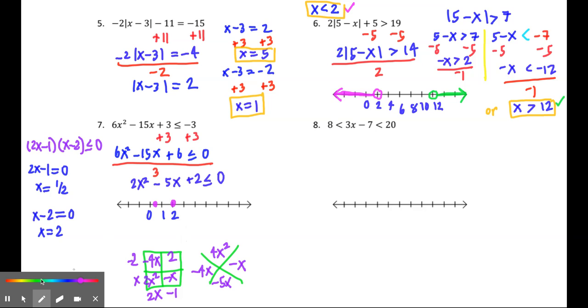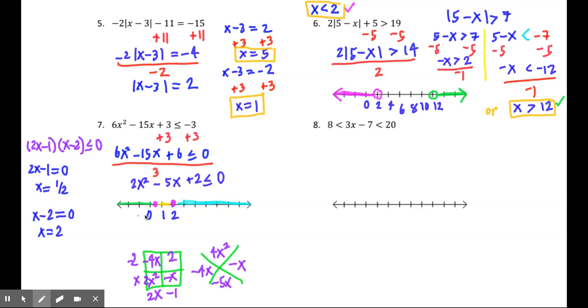Okay, and like I said before, your boundary points split your number line into 3 sections that you need to check, because we want to shade the sections where our quadratic is less than or equal to 0. So if we plug in a number from the number line into our quadratic, if it makes our quadratic negative, that's an area that we need to shade.